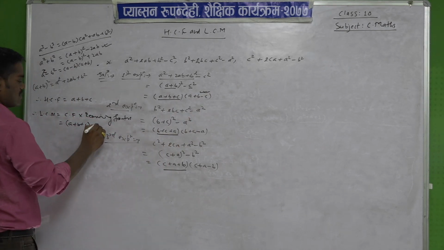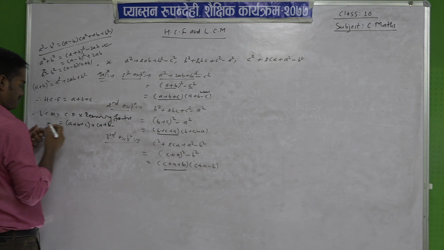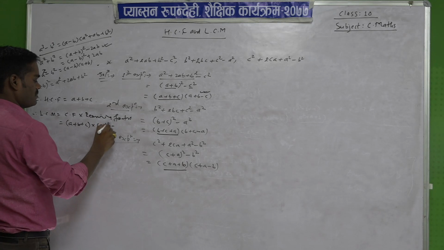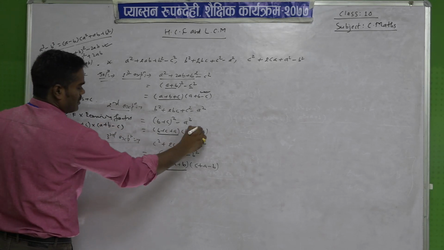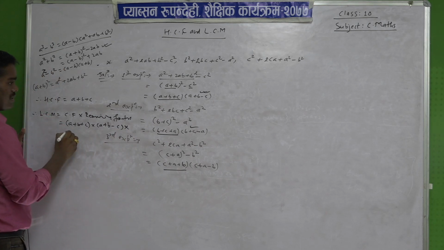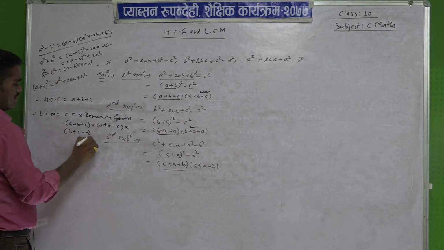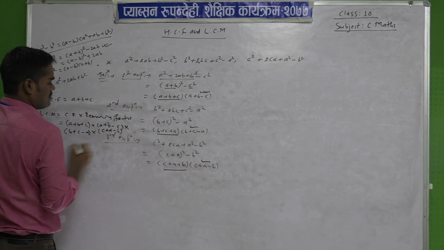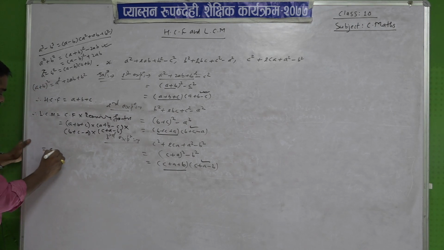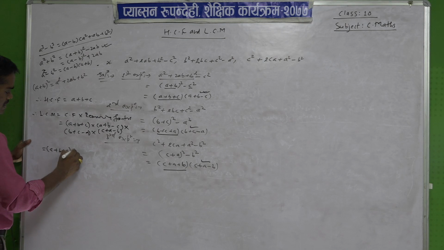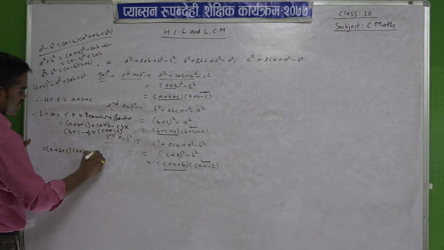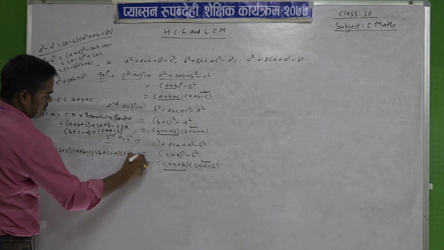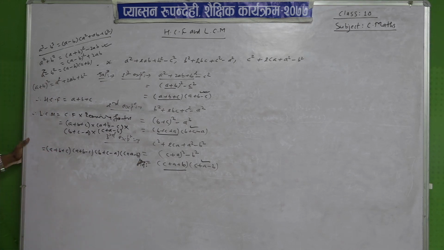So write a plus b minus c, b plus c minus a, and then after, last one is c plus a minus b. So you can write here a plus b plus c, a plus b minus c, b plus c minus a, c plus a minus b. This is the answer.